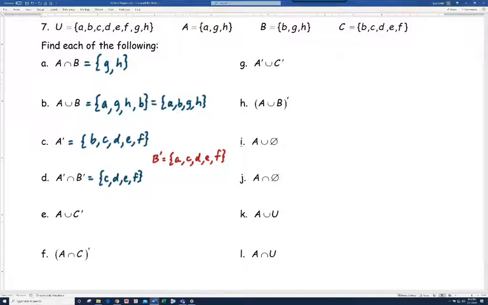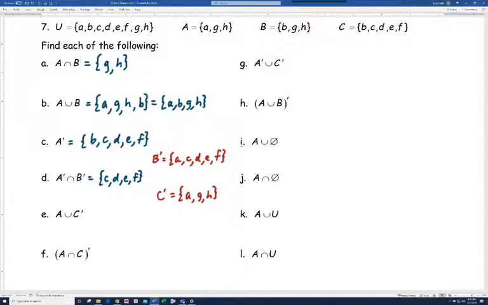All right, let's look at E. So here we're finding A union C complement. We don't already have C complement, so let's get that first. So C complement will be everything in the universal set that's not in C. Well, C has, let's see, B, C, D, E, F. So basically from B through F, so that means that C complement will have A, G, and H. Now, in fact, A and C complement are the same.